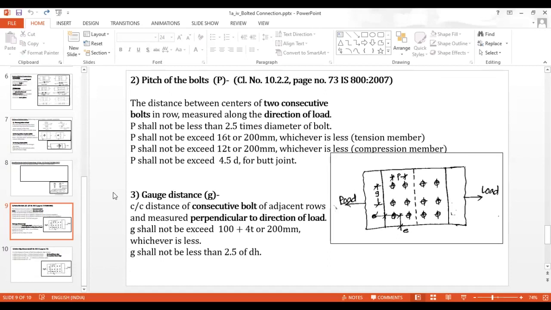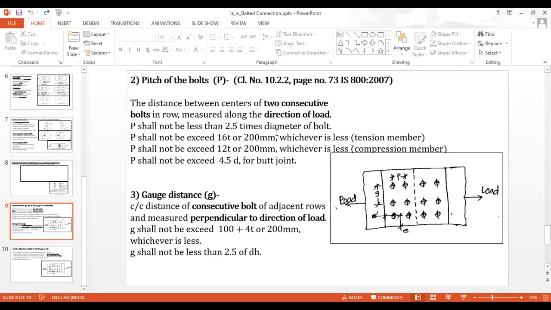The center to center distance between two consecutive bolts in a row, measured along the direction of the load, is called the pitch distance. Here, this center to center distance between two consecutive bolts in the direction of the loading is called the pitch distance.